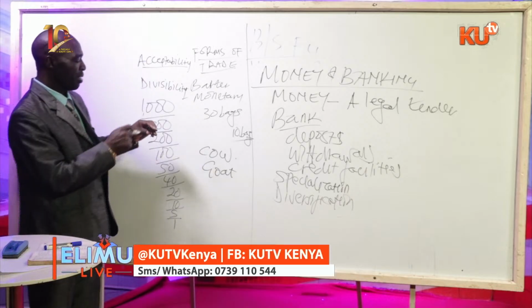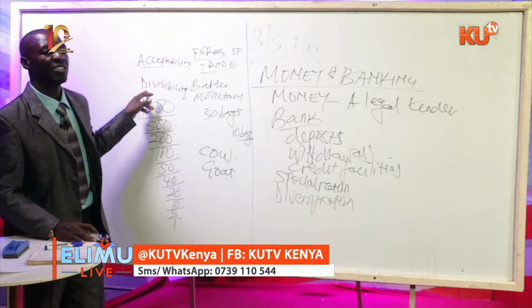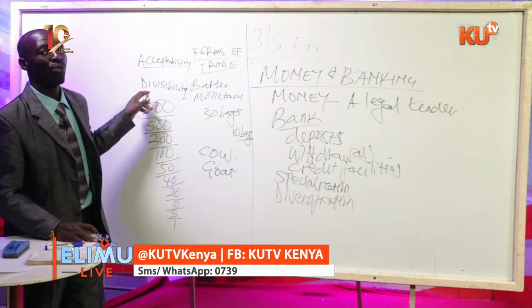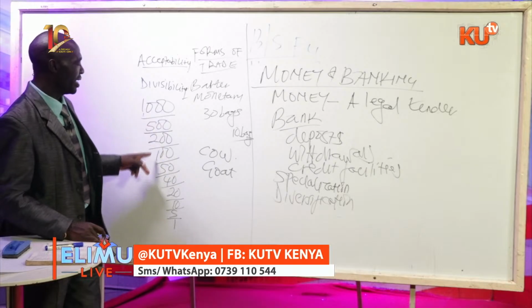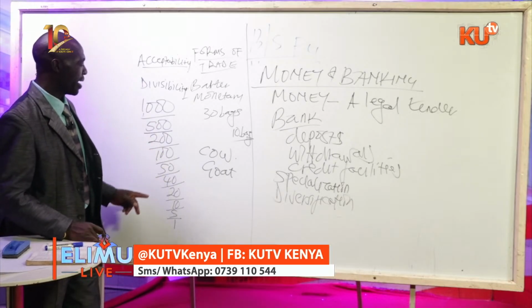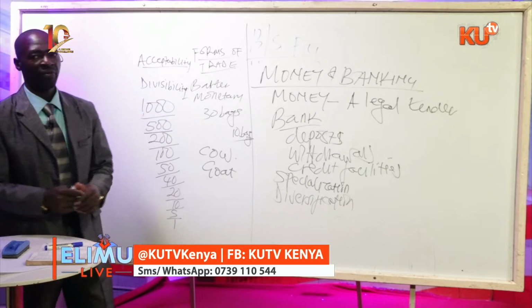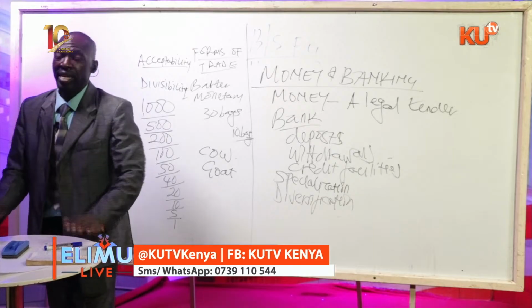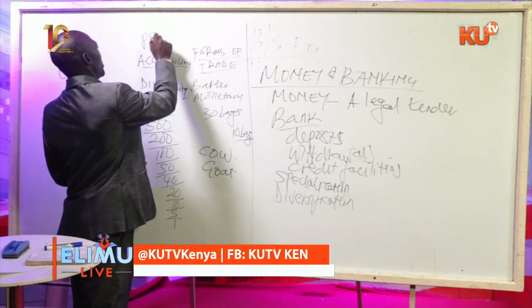So money has the characteristic of divisibility. Money should be divided into smaller units, up to the smallest unit. So we have 1,000, 500, 200, 100, 50, 40, 20, 10, 5, and finally 1. So divisibility. And then another characteristic of money is portability.